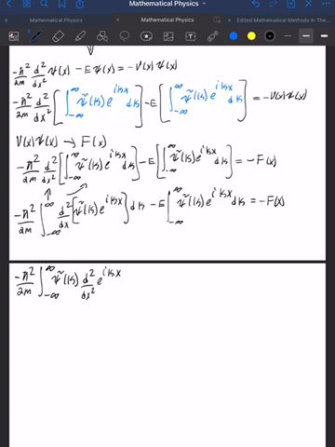So the second derivative of e to the ikx with respect to x is ik times ik, e to the ikx dk, minus e times the integral from minus infinity to infinity of psi tilde of k e to the ikx dk is equal to minus f of x.